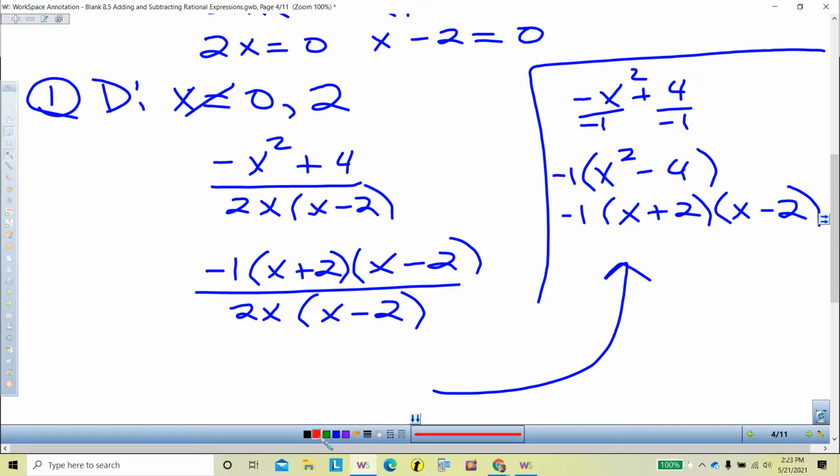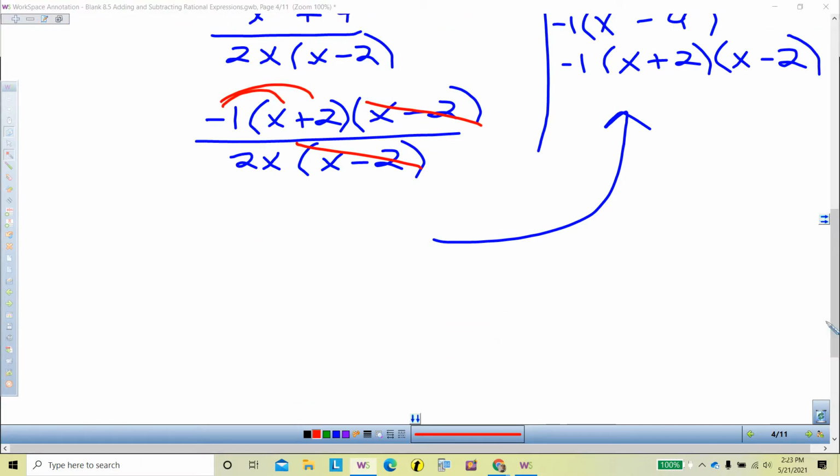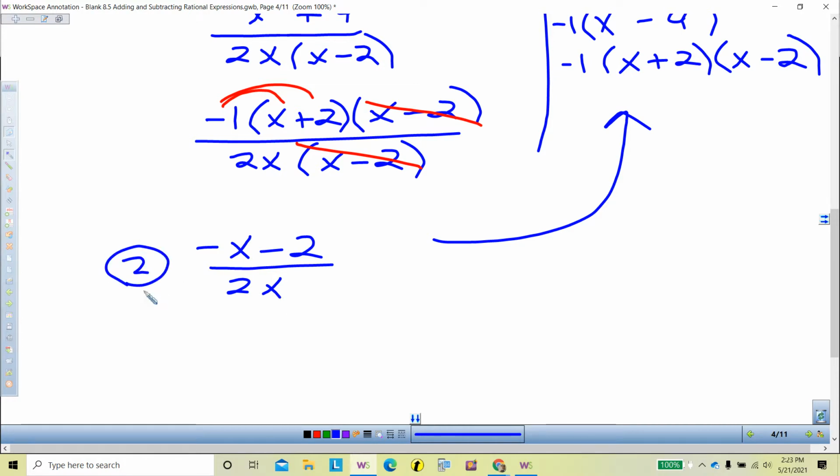So the only thing that cancels is the x minus 2. Then we'll distribute that negative 1 back in, and we'll have the final answer: negative x minus 2 over 2x. So that's your part 2 answer.